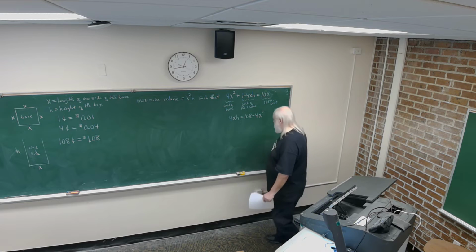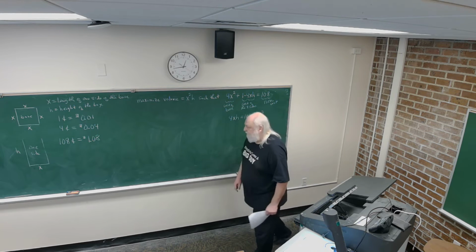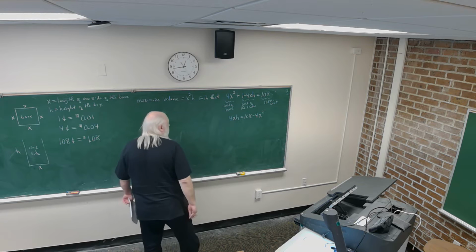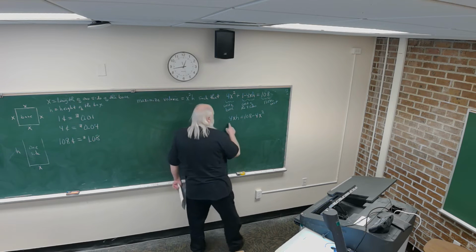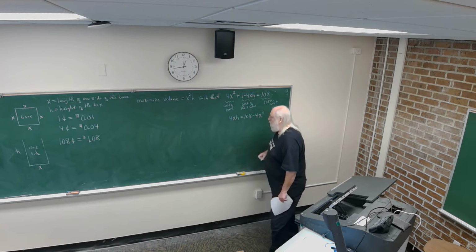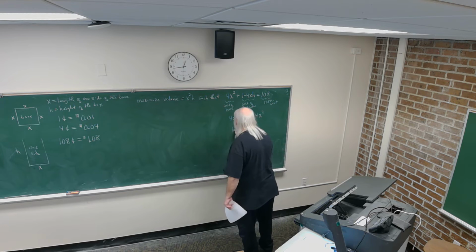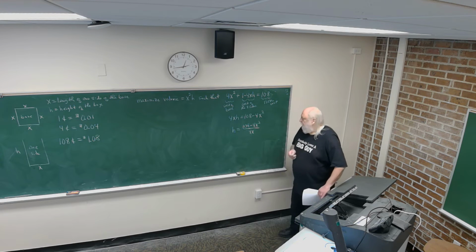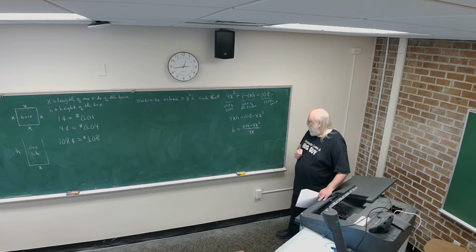We'll keep going. Now I divide both sides by 4X. And H is equal to 108 minus 4X squared over 4X.